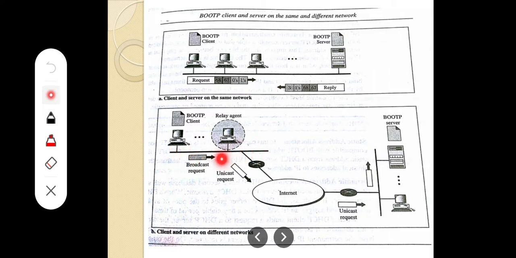What is transmitted? The IP address. That response contains the IP address of the client. So this is called a Bootp process. Okay, Bootp client and server process, bootstrap process, bootstrap protocol.